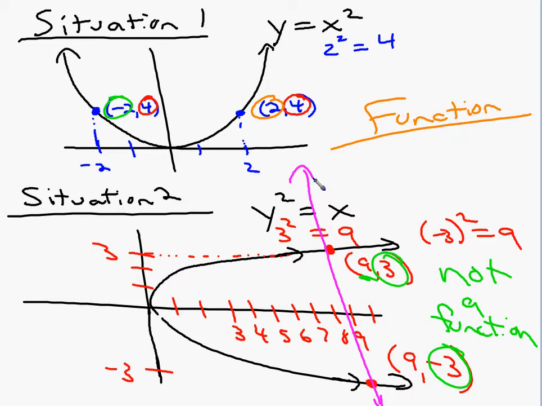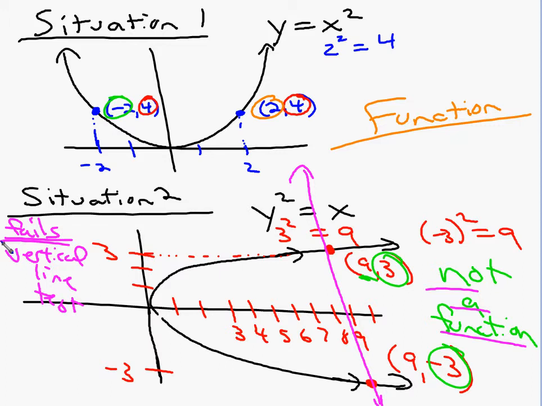So if a vertical line hits the graph twice, then it's not a function. Okay? And we call that the vertical line test. And you'll be using that some tonight. Okay? We can say that this fails the vertical line test.